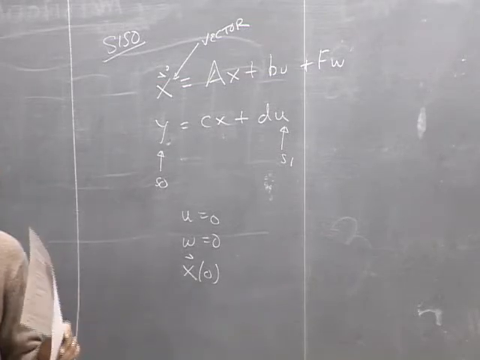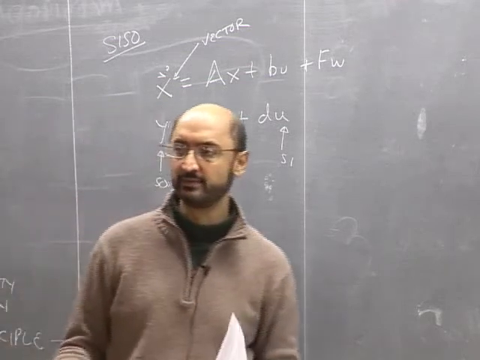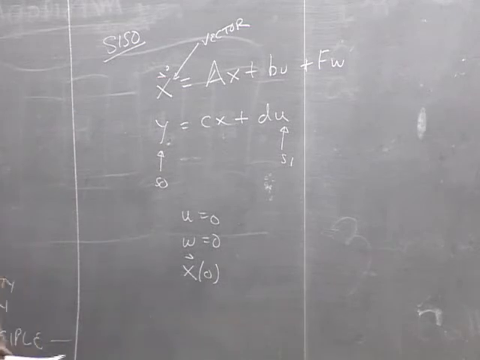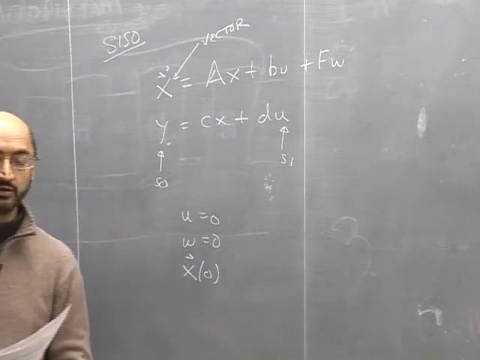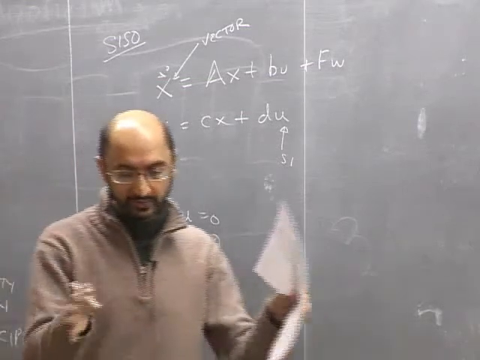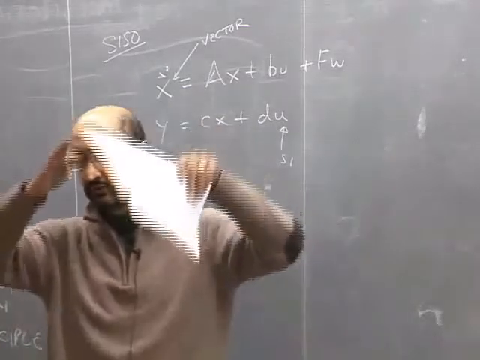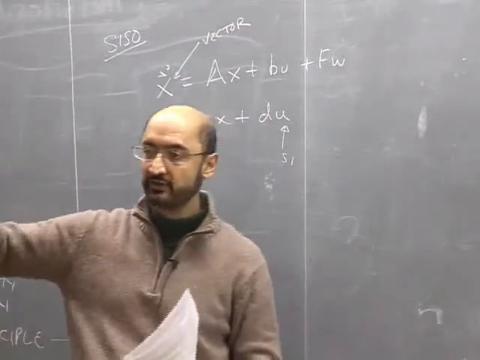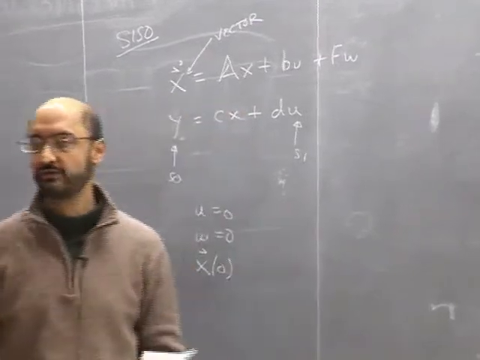Just let it be and see what happens. Because there's no more input, if it is stable, we expect to see exponential decay of all the initial time constants, of all the initial system energy. We have some initial energy in the system, we stop giving it any more input, and it's just going to decay away if it's stable. If it's not stable, we're going to have some oscillatory or increasing amplitude behavior.